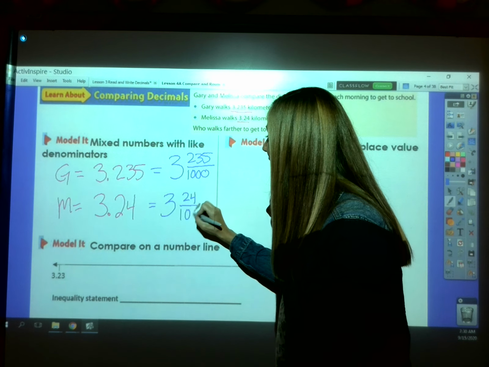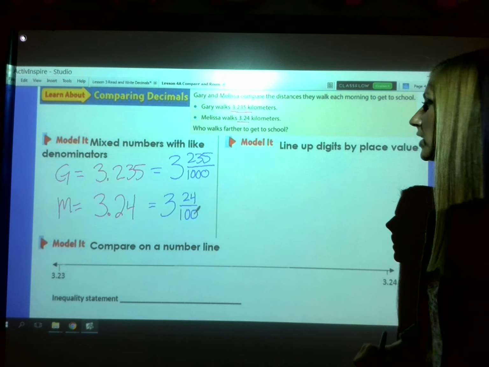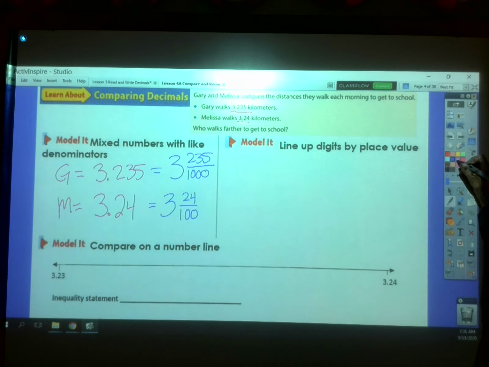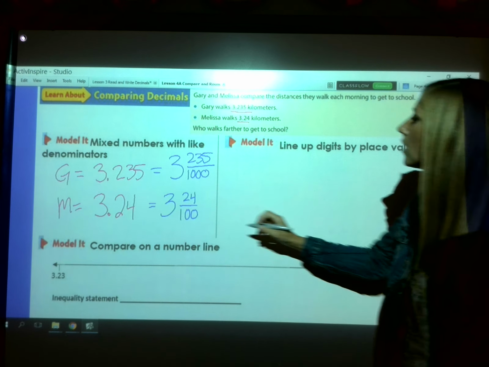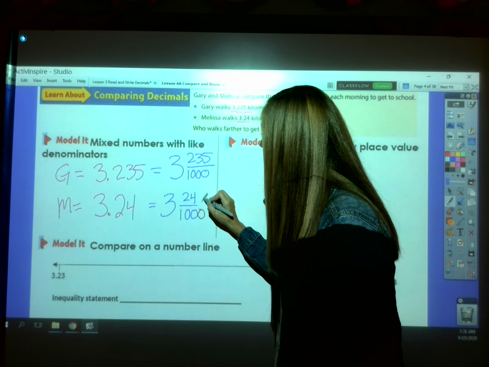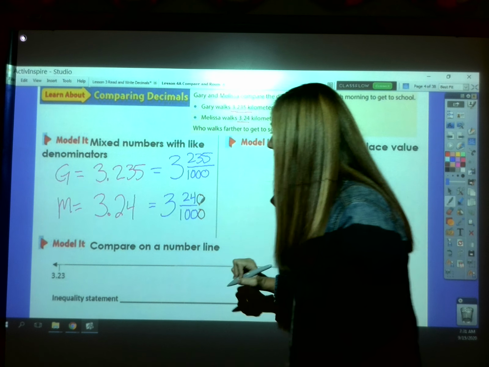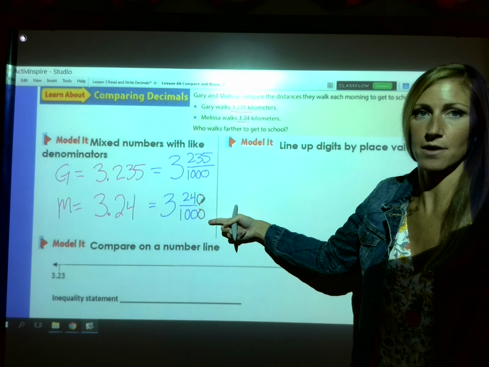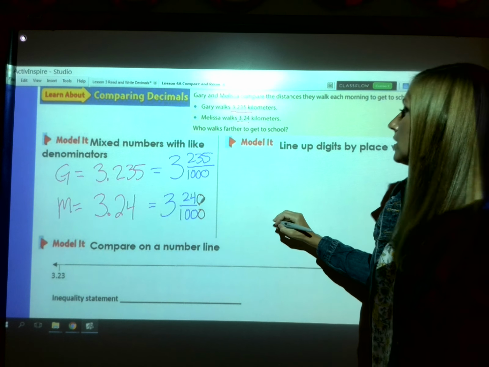Hundredths, we can't compare. So we need to do like what we just looked at and explored with the number line, and we need to put on our zeros. Technically, it's like we're multiplying it by 10 to then be able to compare thousands to thousands, okay?